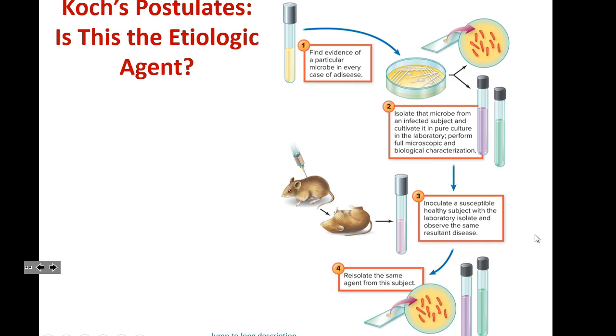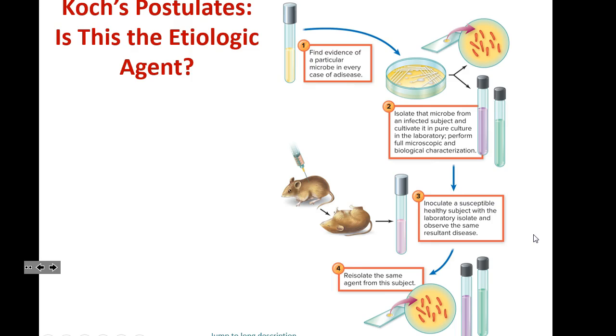Is this the etiologic agent? Here we find evidence of a particular microbe in every case of the disease. Then they isolate the microbe from an infected subject and cultivate it in pure culture. Do you know how to do pure culture technique? They perform full microscopic and biological characterization.